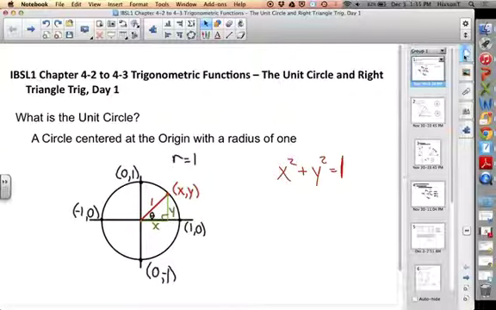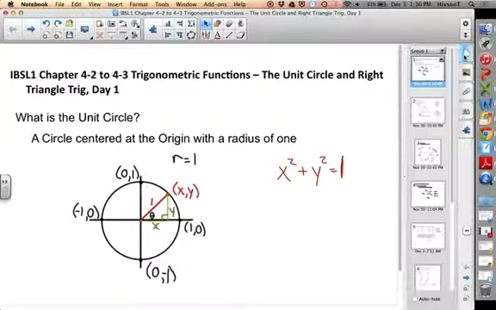If you remember your conics from Algebra 2, the equation of the unit circle would be x squared plus y squared equals 1. But that's our unit circle. Now you'll see every point on the unit circle obviously has an x and y coordinate.